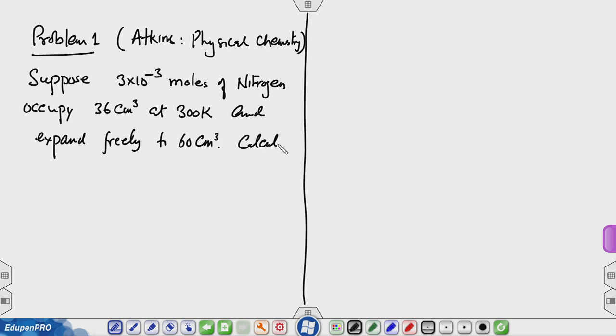Calculate the change in its Gibbs energy.